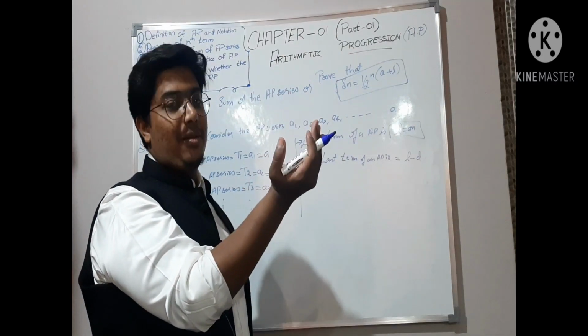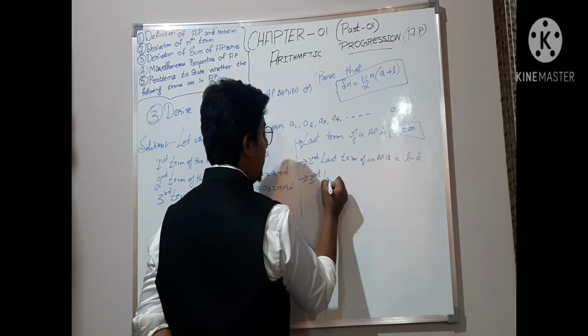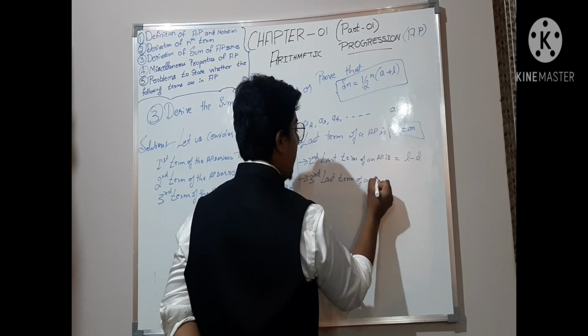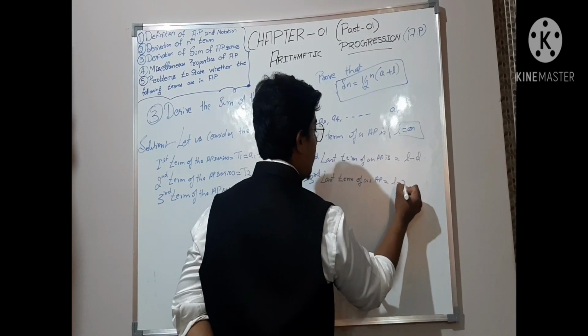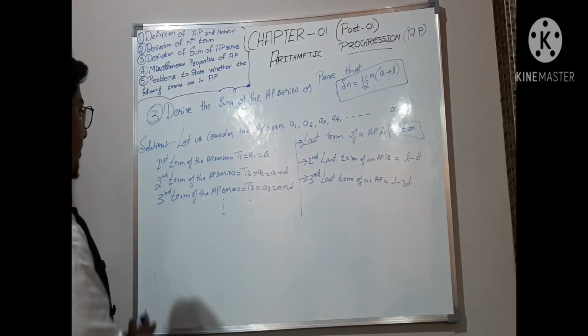Last but one is L minus D. Third last term of an AP series is L minus 2D. So note down this and I am clearing it off.